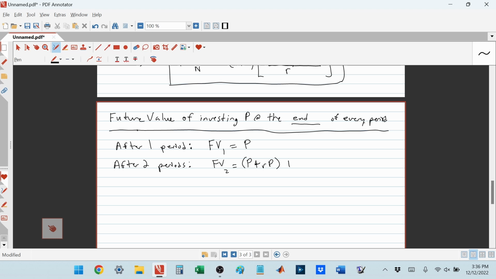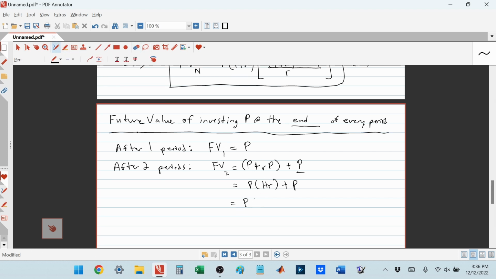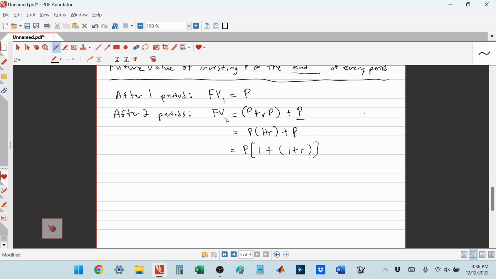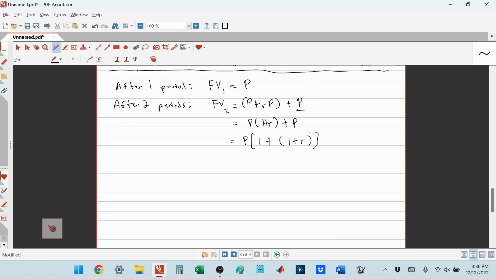But then we also invest P at the end of the second period, right? And it doesn't have any time to get any interest. So the account is just P times 1 plus R plus P. Or if you want to rewrite this, P times the quantity 1 plus 1 plus R to the power of 1, of course.